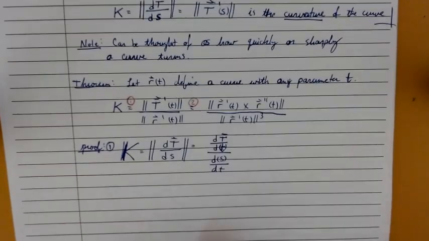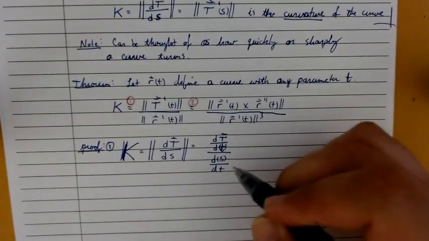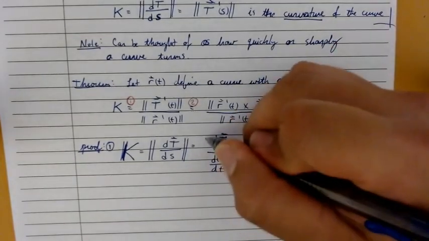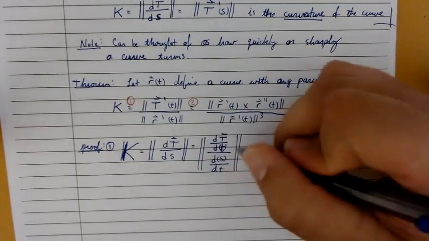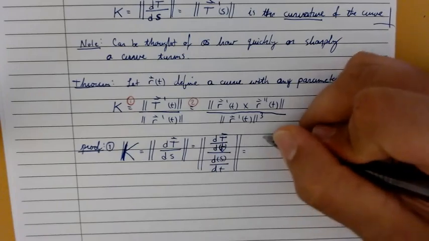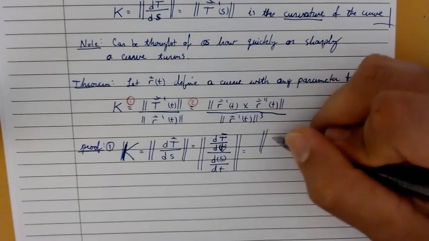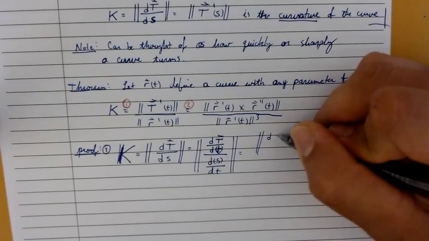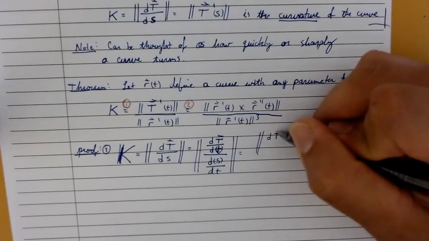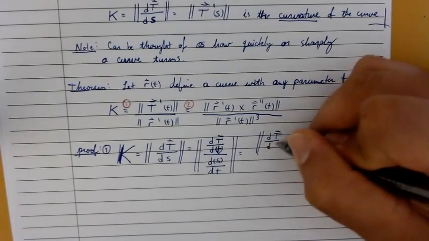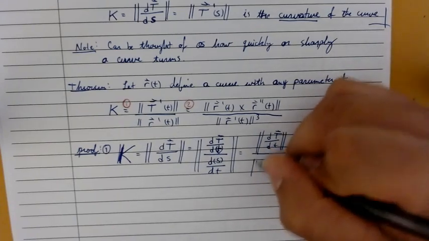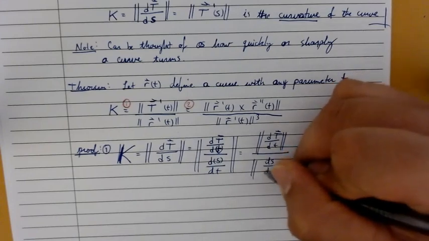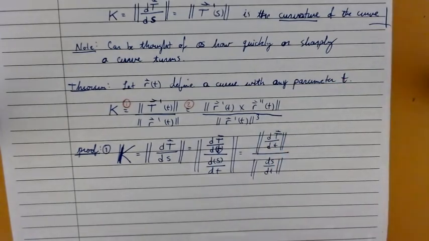Okay, that's just the chain rule. But now the magnitude of this quotient is the quotient of the magnitudes. So here that's going to be the magnitude of dT/dt divided by the magnitude of ds/dt.